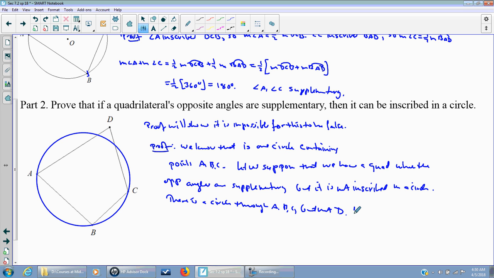So let D prime be the intersection of CD with the circle. So that's this guy right here.